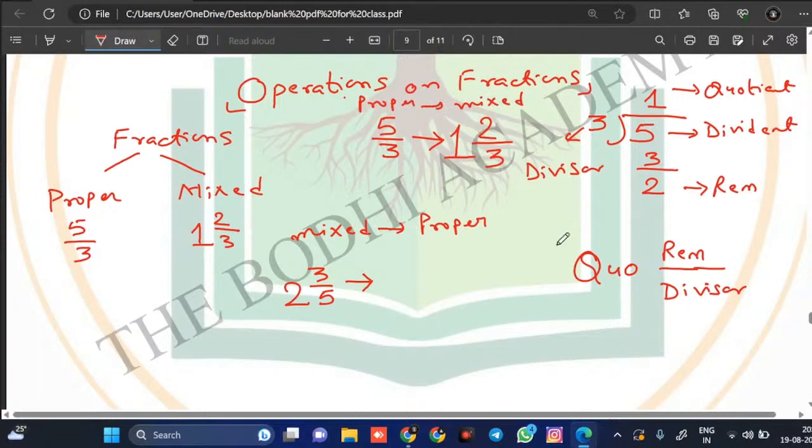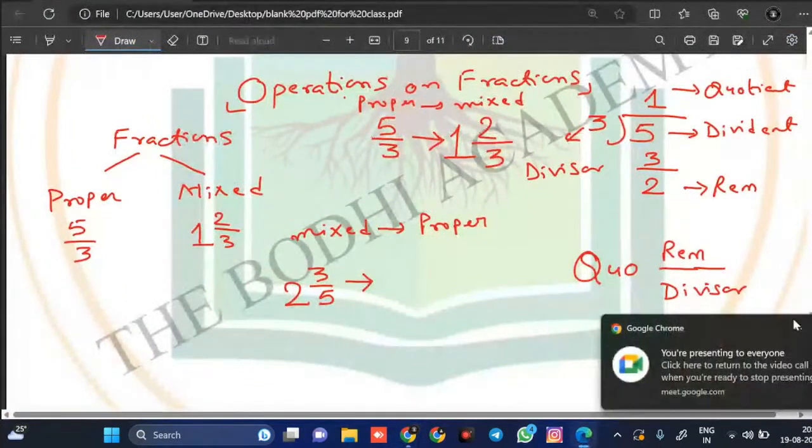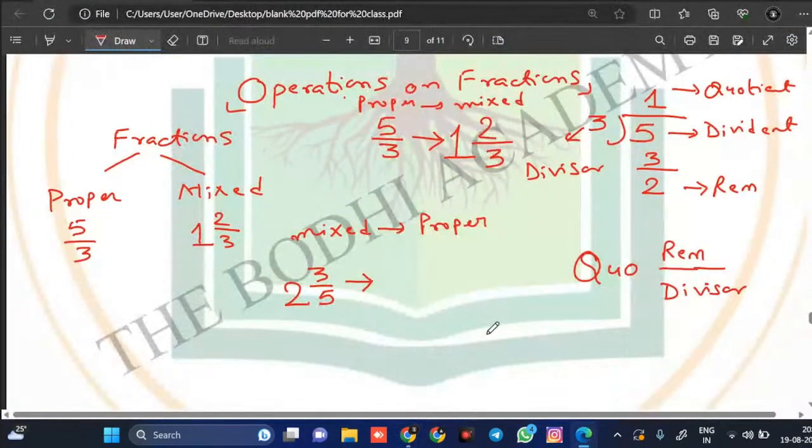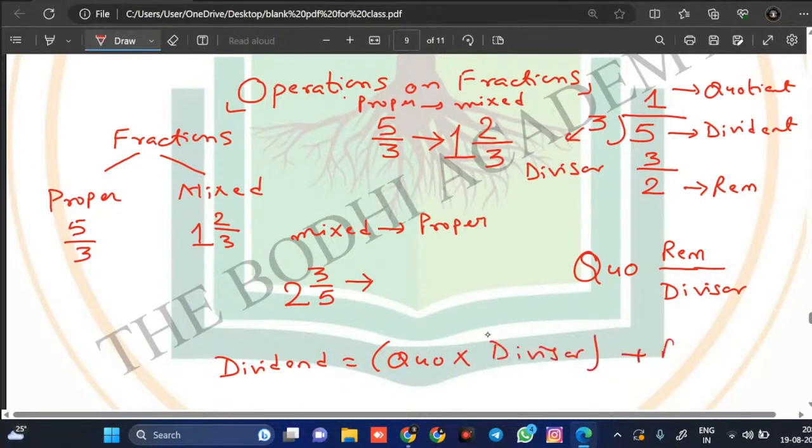When you have to convert this, there is a simple formula. From the same thing we create a formula: dividend is equal to quotient times divisor plus remainder.